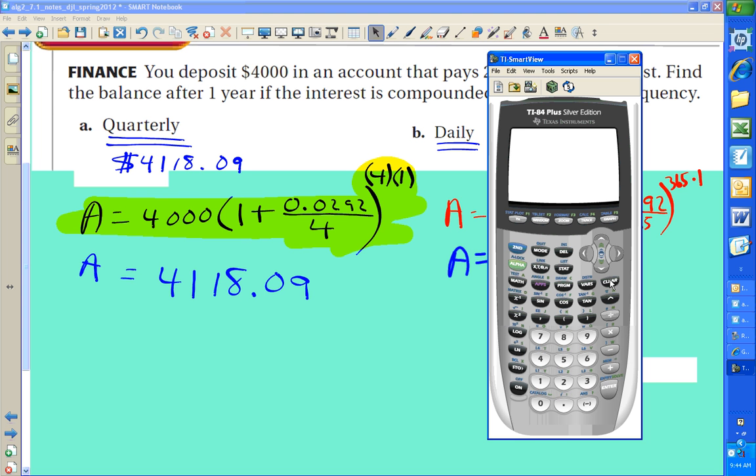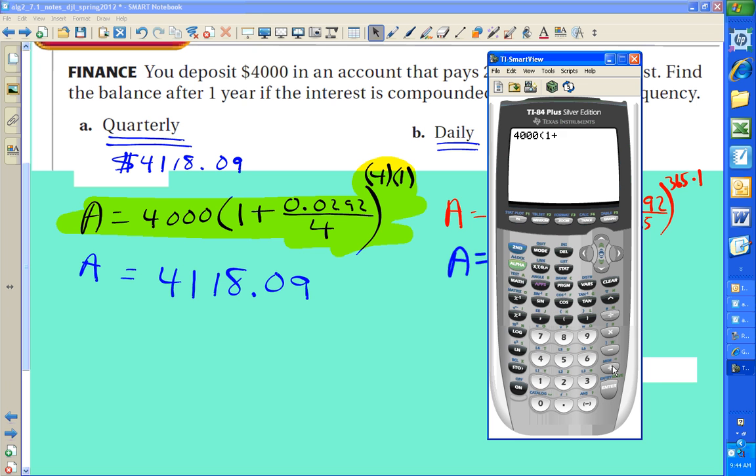Now, some of your calculators can't do it in one shot. So you have to start in here and find this quotient, then add 1, then raise it to the 4th, then multiply by 4,000. So you have multiple layers that you'd have to go through. If you have a calculator with parentheses, you literally are going to just type this in one shot. 4,000, open parenthesis, 1 plus.